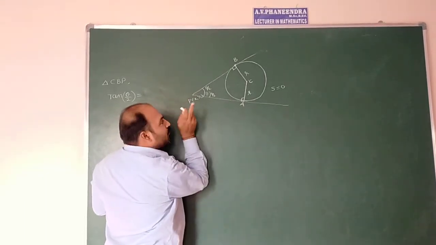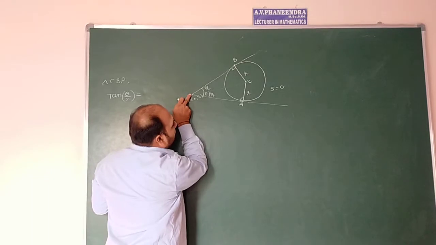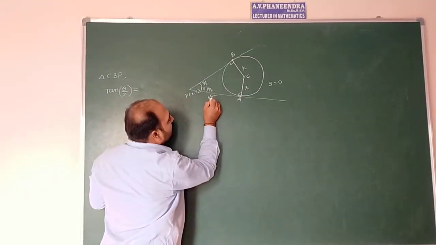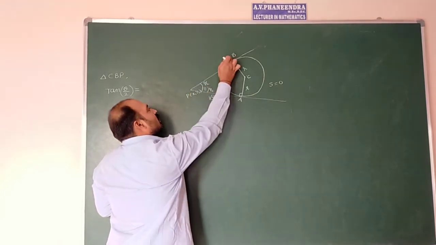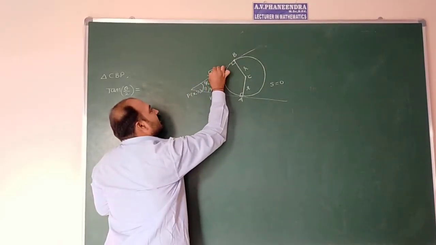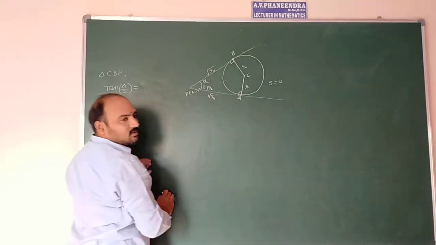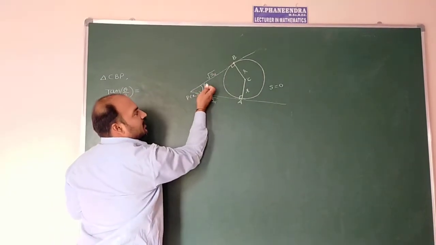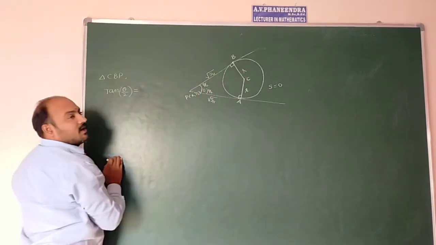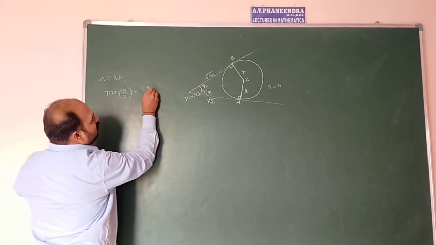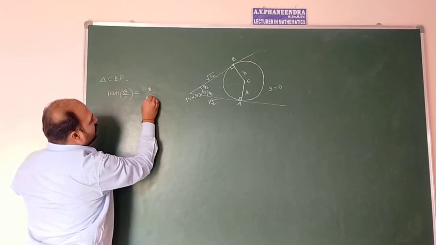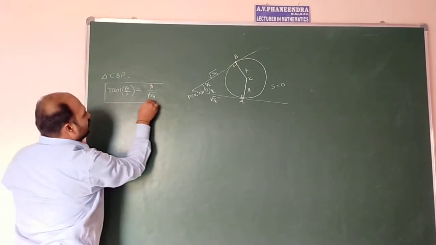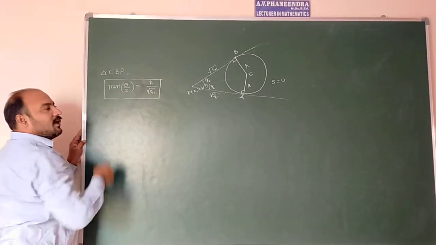The length of tangent from point P to A. Length of tangent is denoted by root S11. From here to here also the length of tangent is denoted by root S11. So from triangle CBP, tan theta by 2 equals opposite by adjacent side, which is equal to r by root S11. Sometimes we use this formula. This is the angle between the two tangents in terms of theta by 2.